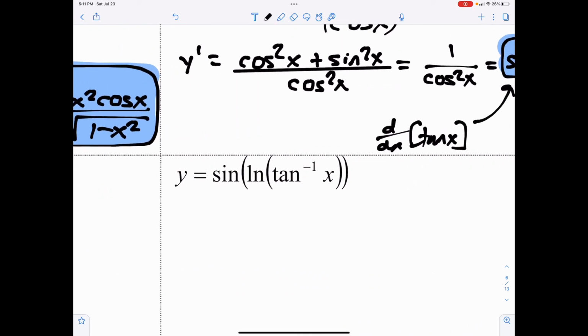Y equals sine of ln of arctan of x. Okay, so we have a few chains going on here.